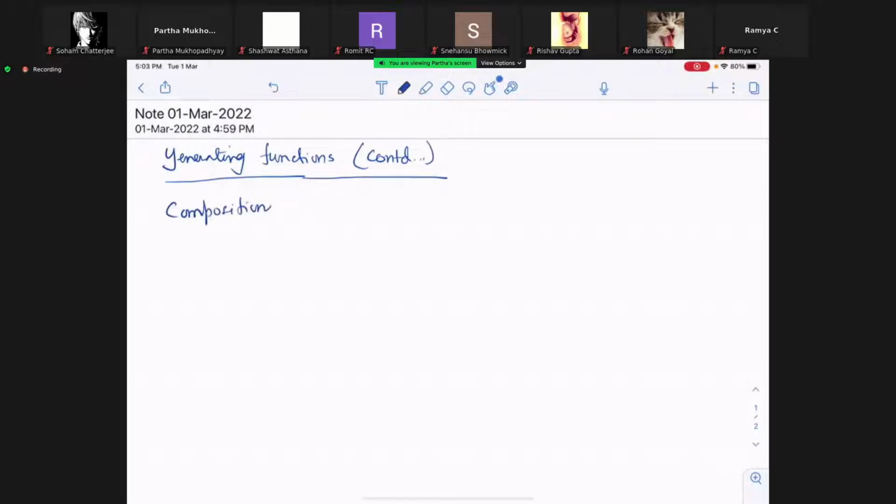Also, at the end of the class, I'll give you some formal treatment of that power series ring I mentioned. I'll tell you something really simple, not anything deep, but I'll give you the framework. Composition rule of generating functions.